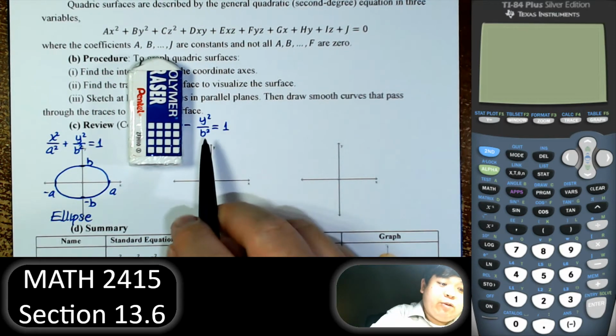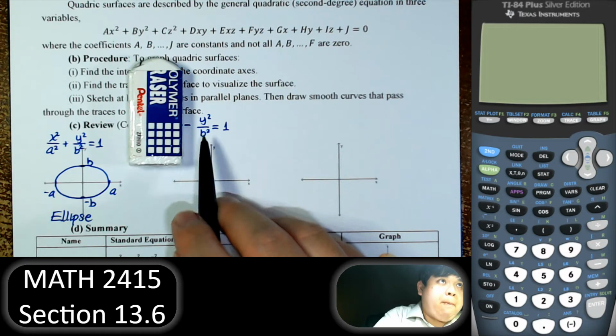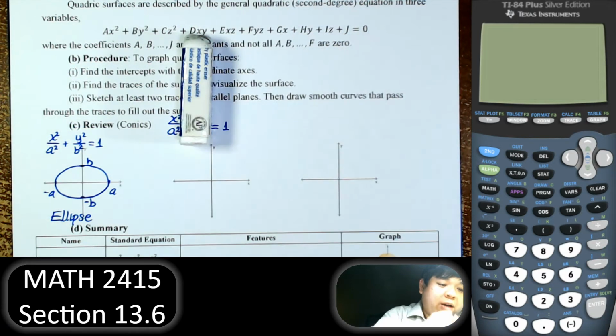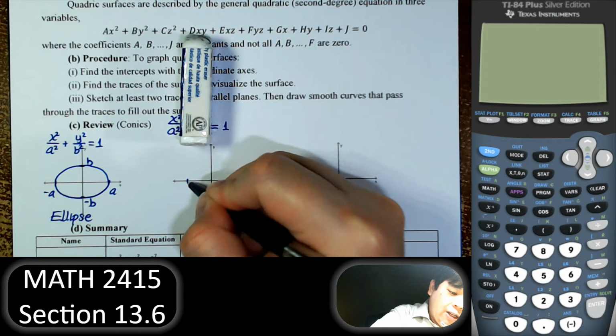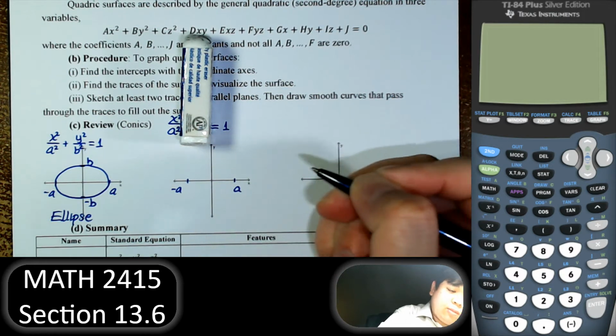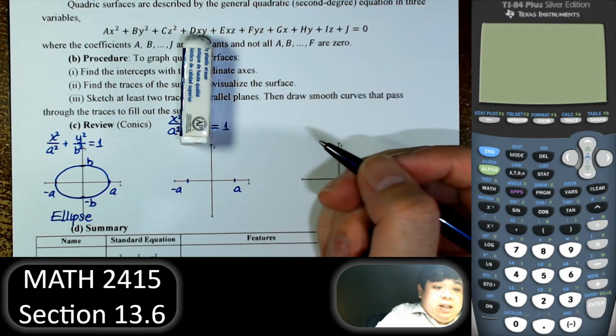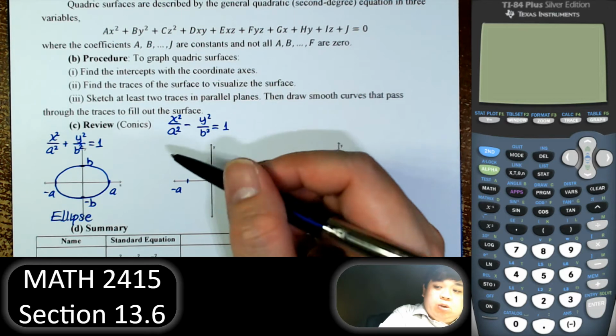So in this case we have no y-intercept, because y squared equal to negative b squared has no solution. If we let y equal to 0, we have x squared equal to a squared, so in this case we do have the x-intercepts of a and negative a, but we don't have b, right? But in this case we still graph.